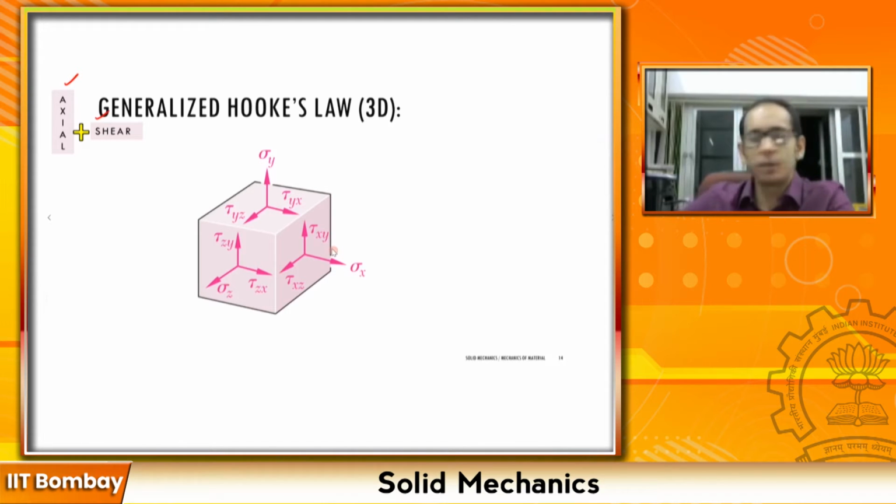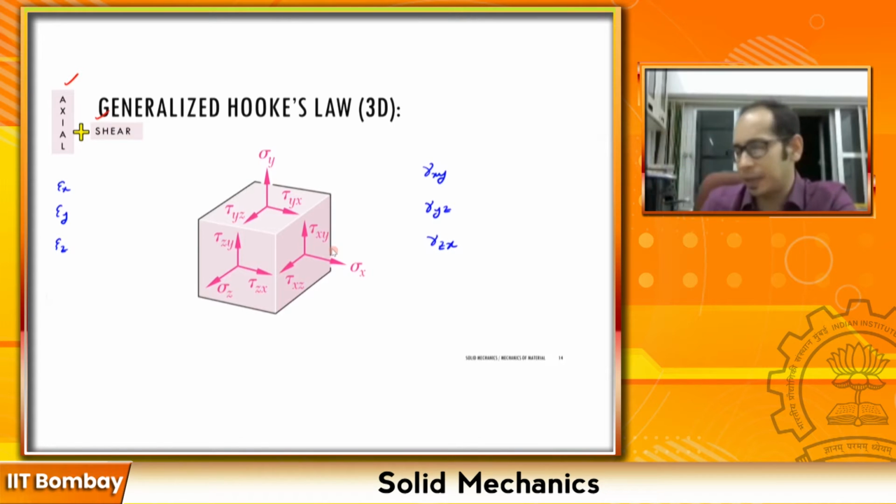So for the axial strains, we had written the relationships for your epsilon x, epsilon y, epsilon z, right? And in the last page, we wrote the relationship between my gamma xy, gamma yz, gamma zx, right?